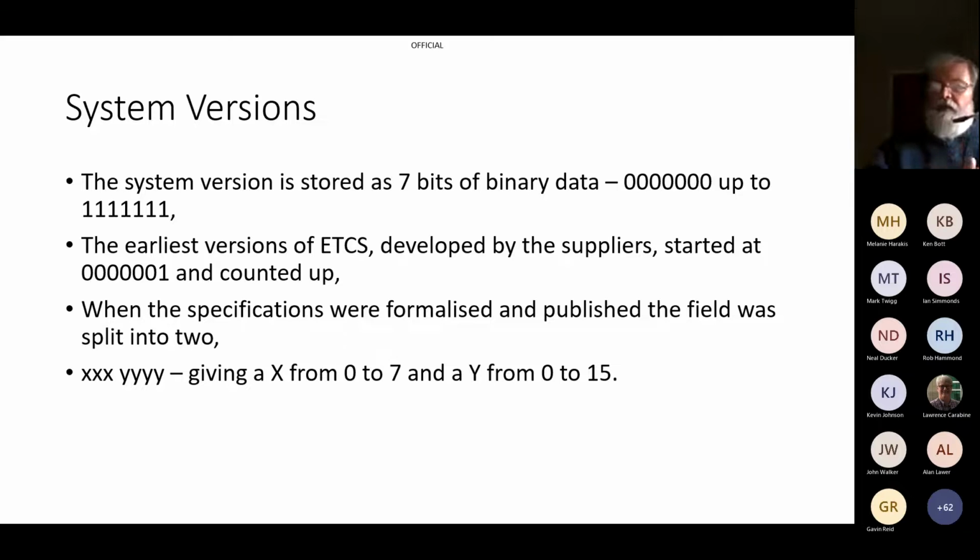And that split the field, this system version field, into 2 parts: 3 binary characters forming the X and 4 forming the Y, which gives us an X value of 0 to 7 and a Y value of 0 to 15. And that's where our system versions come from. And they are often expressed as X.Y.